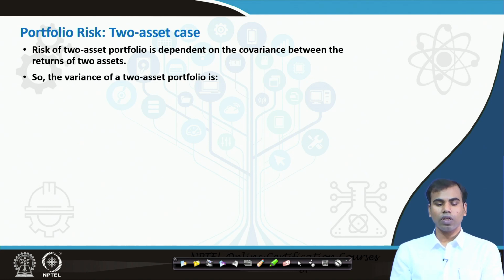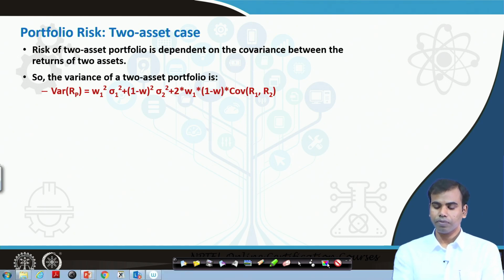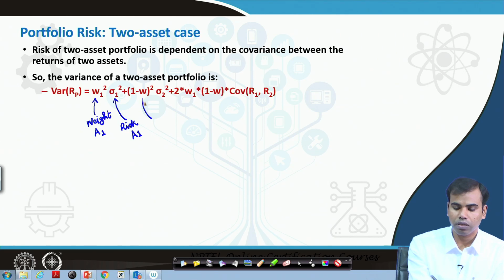So, we can try to calculate the variance of a two asset portfolio using this formula, which is basically the variance of return on portfolio is the weight of... So, we know that this is our weight in asset 1, this is the risk of asset 1, weight of asset 1, risk of asset 1, and then this is 1 minus W, which is the weight of asset 2, and this is the risk of asset 2.